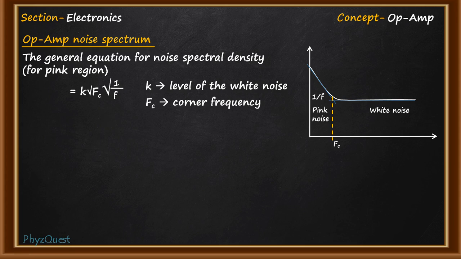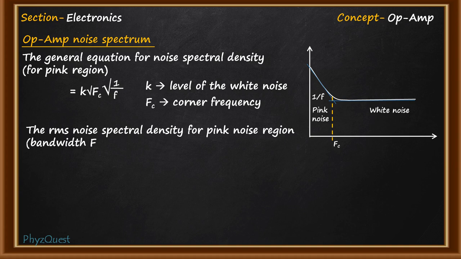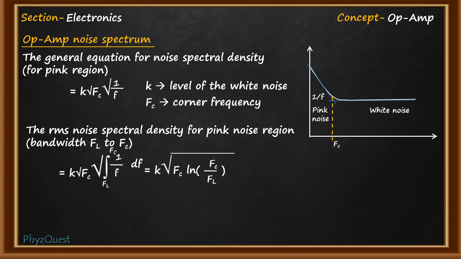Now applying the peak to RMS conversion method, the RMS noise for the pink region for the bandwidth FL to FC will be equal to K square root of FC square root of integration from FL to FC of 1 by F dF, which upon calculation will give you K square root of FC ln FC by FL.